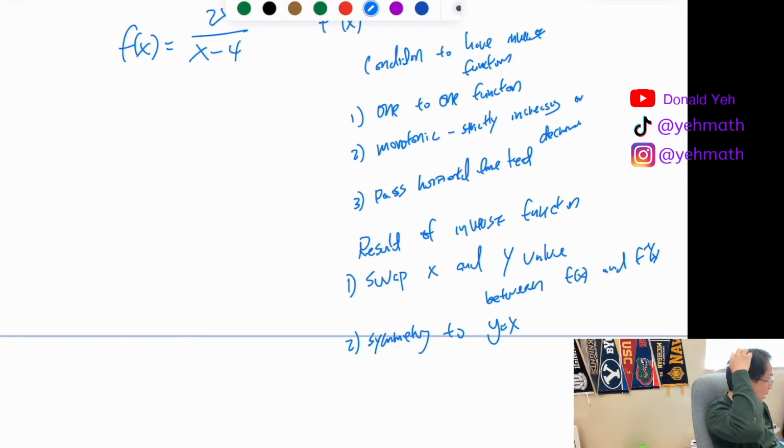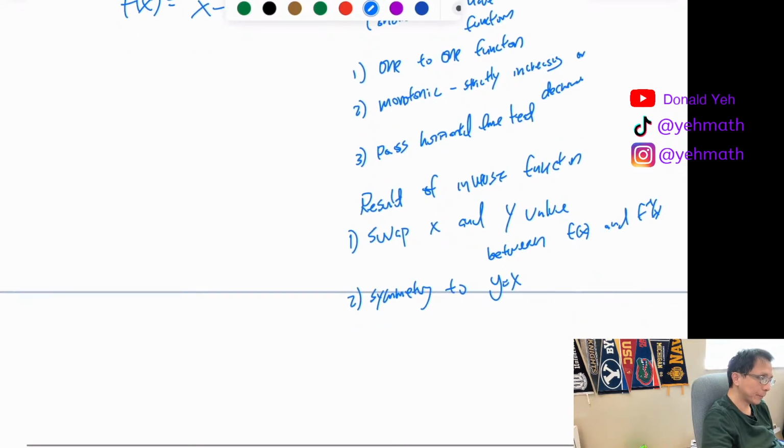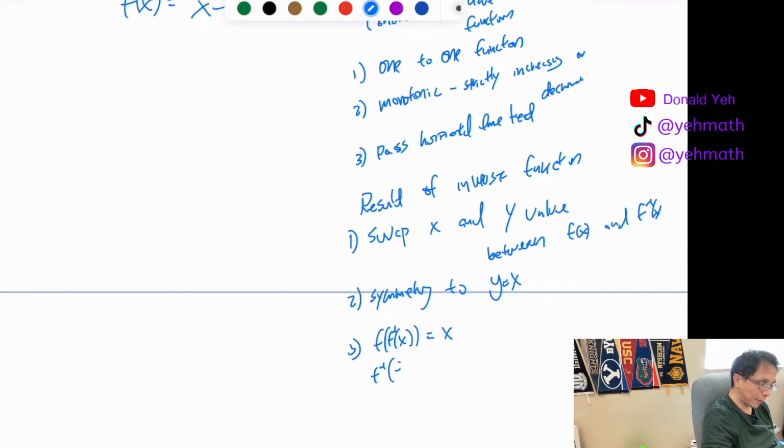Both graphs have symmetry to y equals x. Third, f of g of x, in this case f of f inverse of x, is equal to x, or f inverse of f of x is equal to x. They're always equal to x.